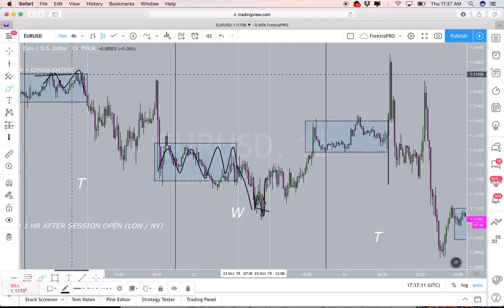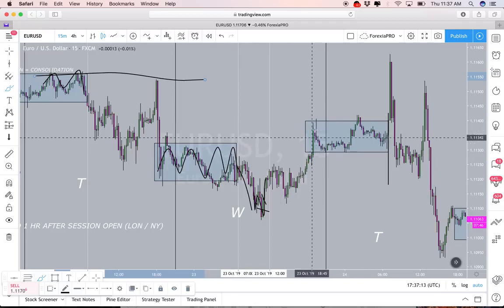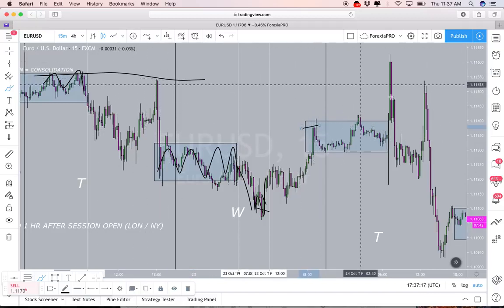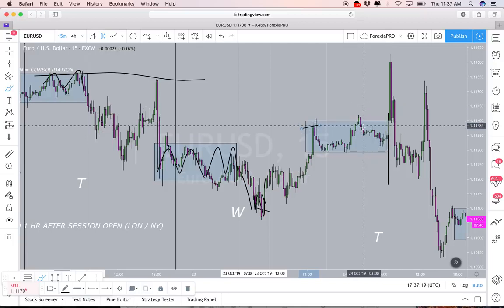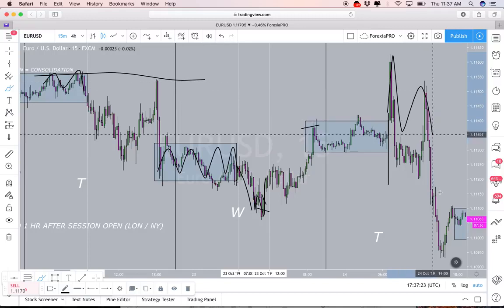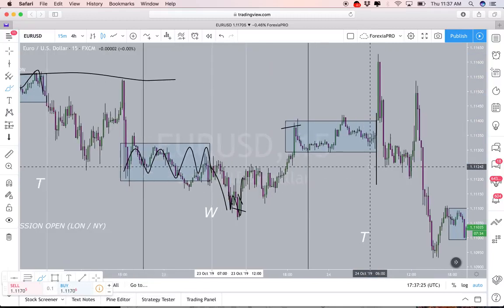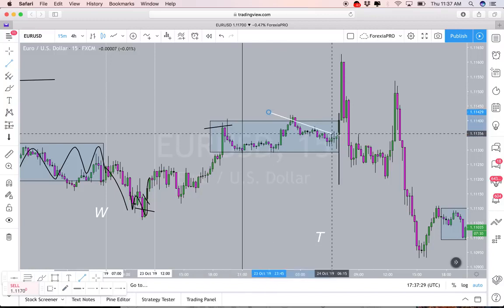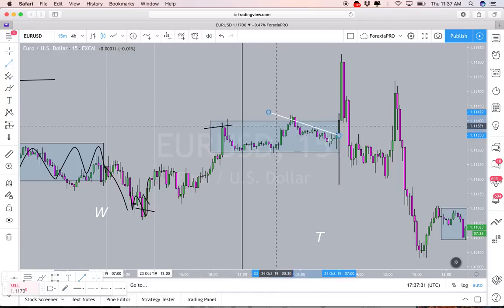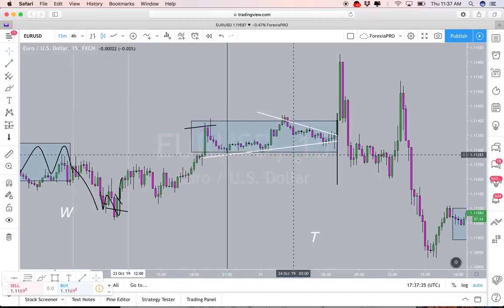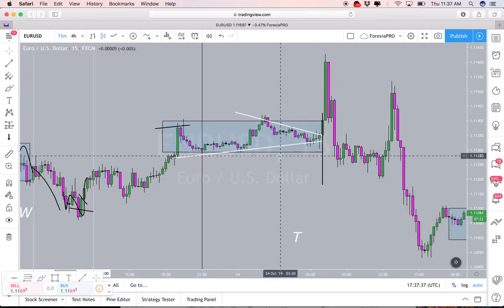So this was the high of the previous day, and this was the high of the previous day. They broke the high of the day, the high of the previous day, and the high of the previous day. Once again, if you have the eyes to see, a beautiful signature trade.